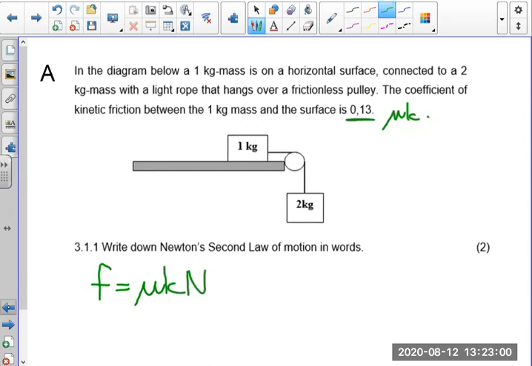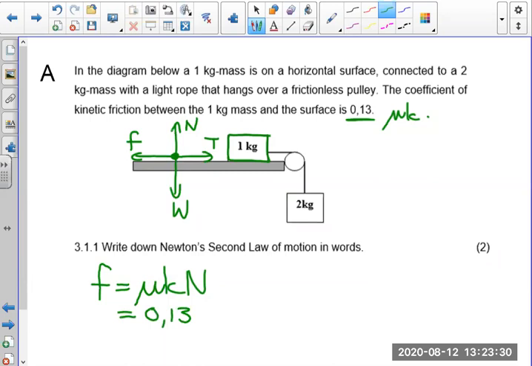When I look at this object, I quickly draw a free body diagram for the 1 kilogram block. I have the gravitational force or the weight, the normal force, a tension force in the rope, and because they talk about a friction coefficient, there's a friction force. To get the friction force, I have the μk, which is 0.13, and I have to work out the normal force.